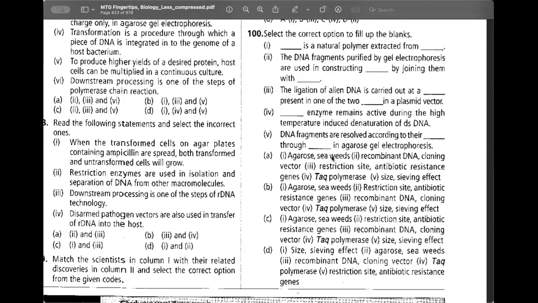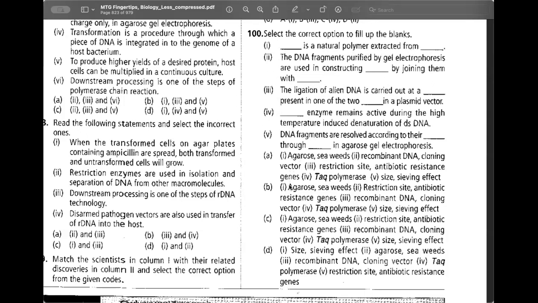And again, I think you understood the trick to do long questions with two options. You just have to find the solution for one and then see how many options have that exact same solution, right? So for example, even if you know this one, dash is a natural polymer extracted from dash, you know that it's agarose from seaweed.